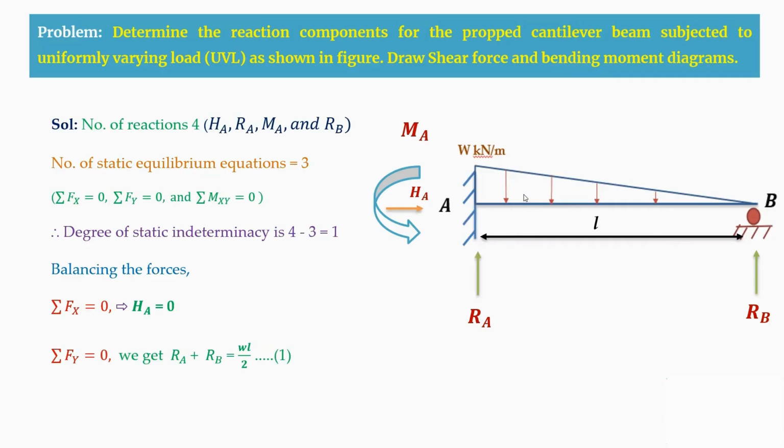The area of this triangle is half into the load here, W, into the span here, length L. So half W into L, that is WL by 2. Therefore, the total load will be equal to WL by 2. Therefore, RA plus RB will be equal to WL by 2. So this is an equation we are getting from sigma Fy equal to 0.